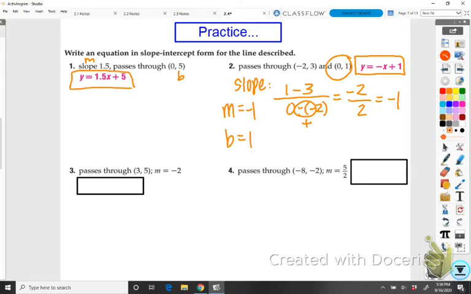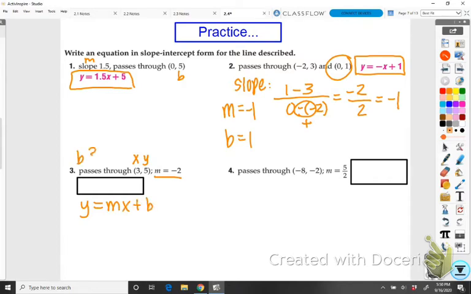All right, 3 and 4, now they give us 1 point and they give us the m. So we don't know right away what the b value, the y-intercept, is. But we know that the (3, 5) creates an x, y point, and we know m is negative 2. So we can substitute everything that we know into y = mx + b and then find b.